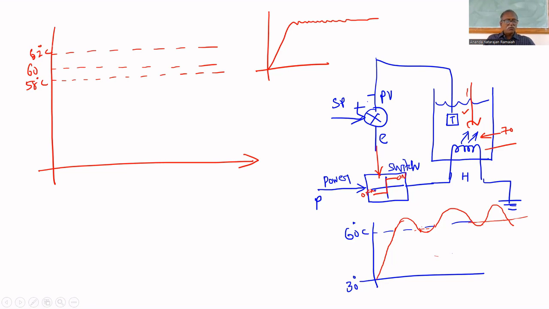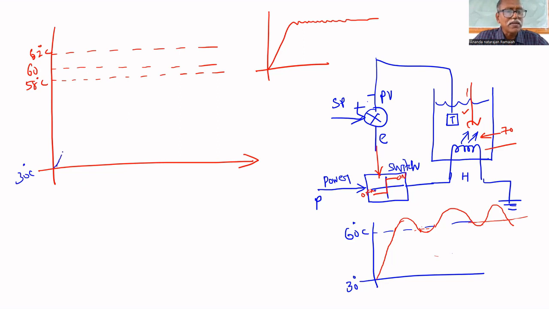How does it work now? Let us assume, if we introduce a differential gap, this is called a controller with a differential gap. If you turn on the system, what will happen? Now the temperature is 30 degrees centigrade, that's why the heater is turned on.